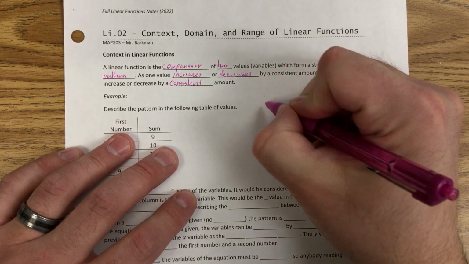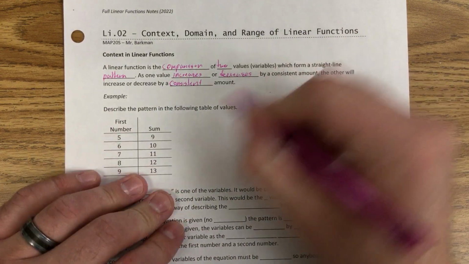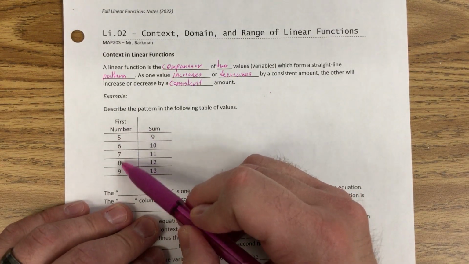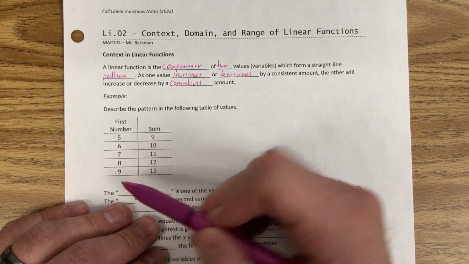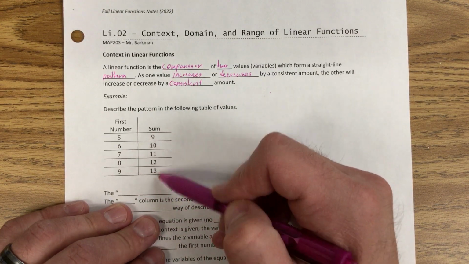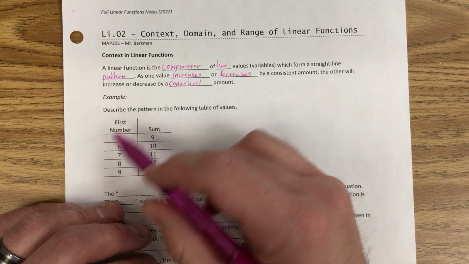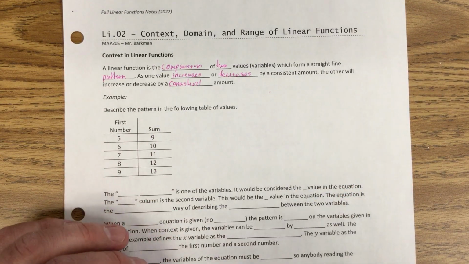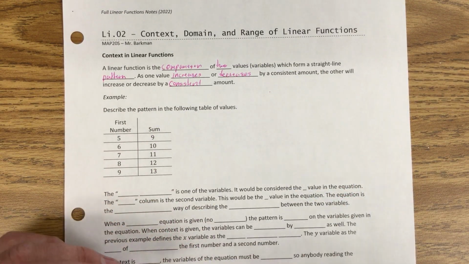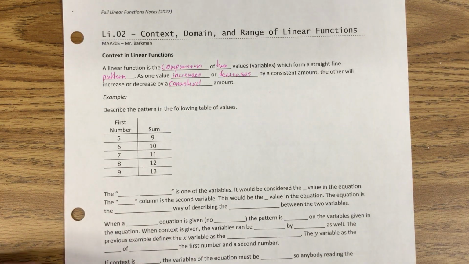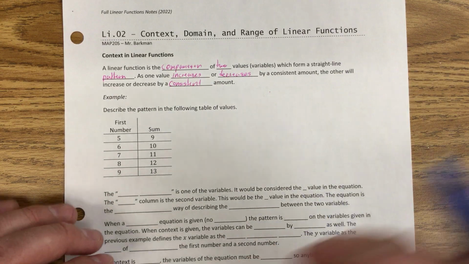So if we have a little chart here, the first number is 5, 6, 7, 8, 9. We're going up by 1 each time, and the sum of the two numbers is going up by 1 each as well. In this case, both numbers are going up by 1 each time. Doesn't necessarily have to always happen, but it definitely can.